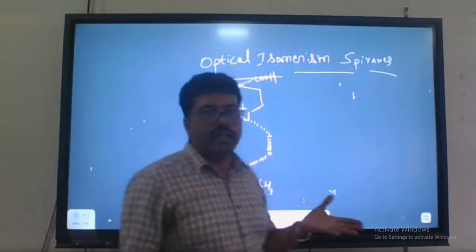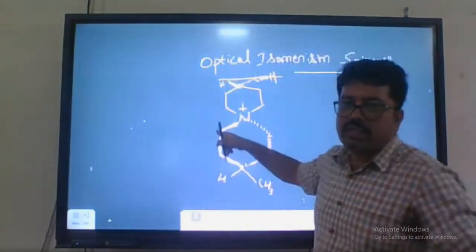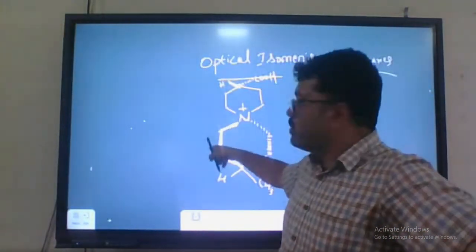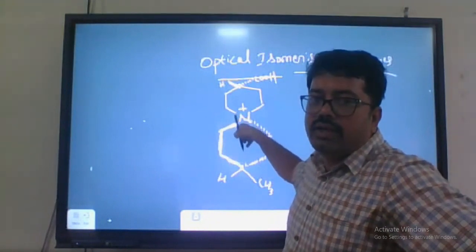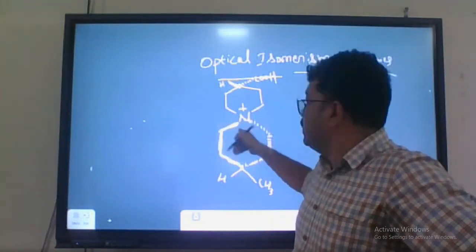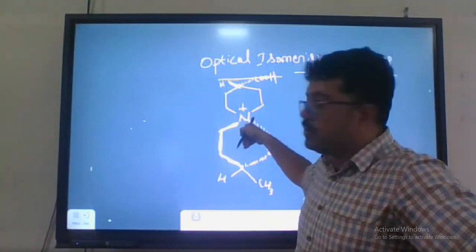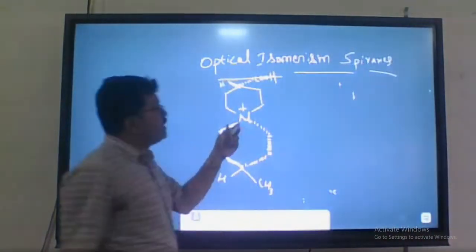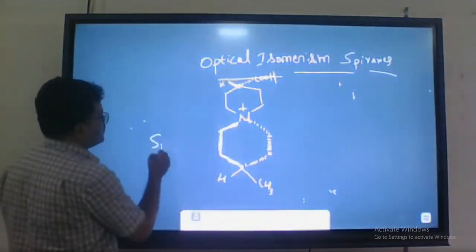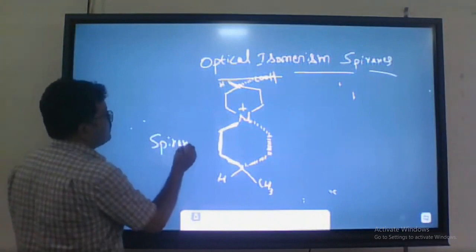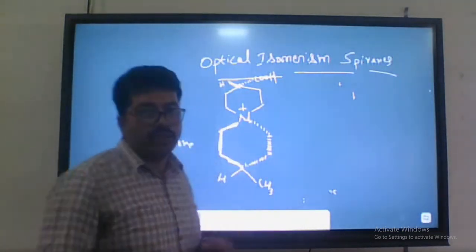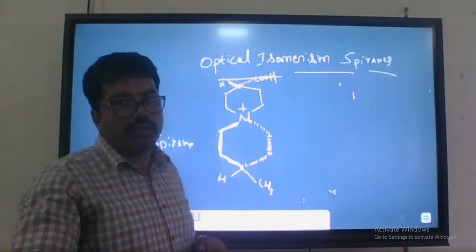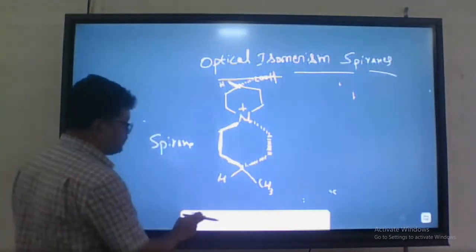Please notice that the spiro center is quaternary nitrogen rather than carbon. This is a spirane, with two rings on the atom.